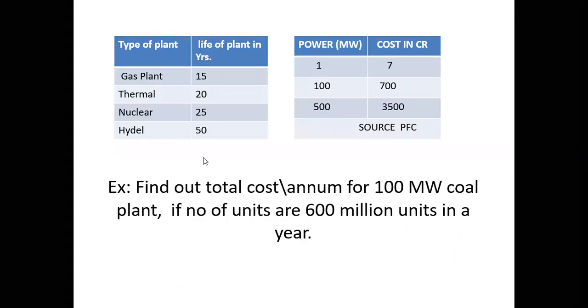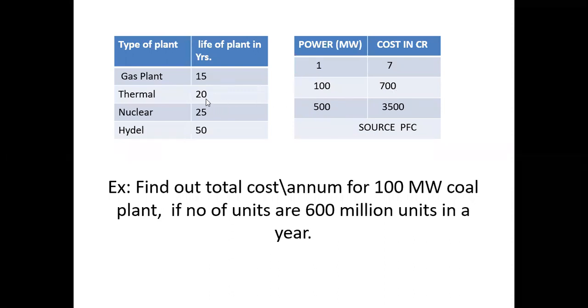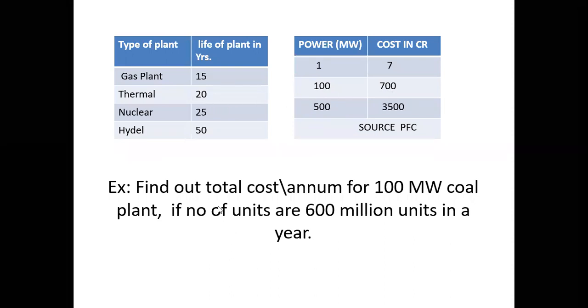The life of plant is already provided: for thermal it is 20 years. Here they are asking for 100 megawatts, and for 100 megawatts our budget is 700 crores. So 700 crores divided by life of plant gives the fixed cost.